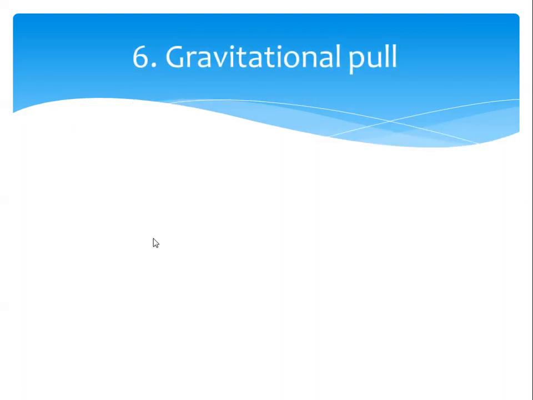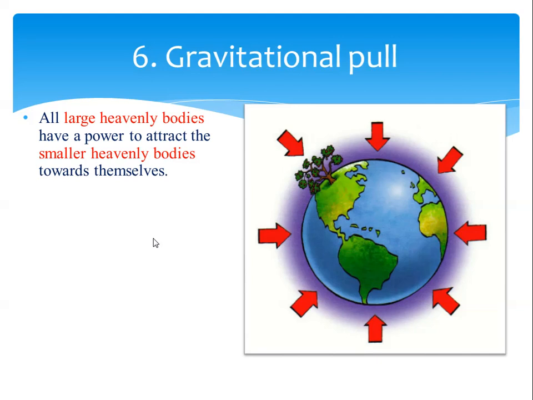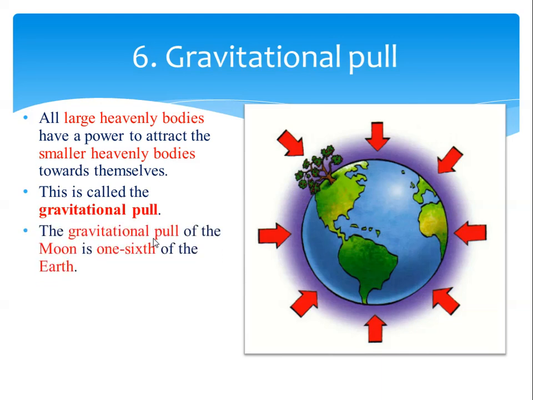Gravitational pull. What do you mean by gravitational pull? All large heavenly bodies have a power to attract the smaller heavenly bodies towards themselves. It is called gravitational pull. The gravitational pull of the moon is 1/6 of the Earth.